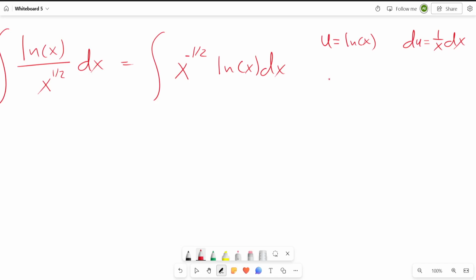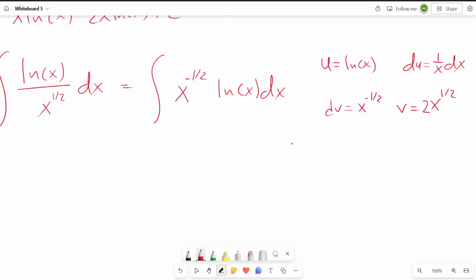My dv I'm going to choose as x power negative half, so that gives my v. Integrating using the power rule is super simple. You just add 1 to the power, so x power negative half plus 1, that is half, and then you divide by the new power. So dividing half is the same as multiplying 2 over 1 or multiplying 2, so v is 2x power half.